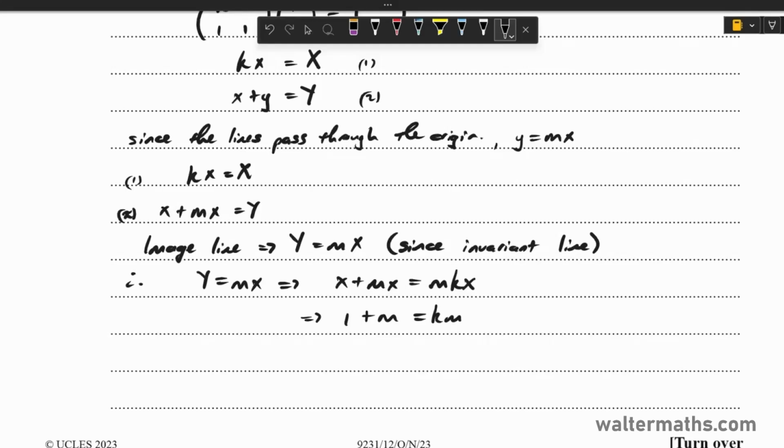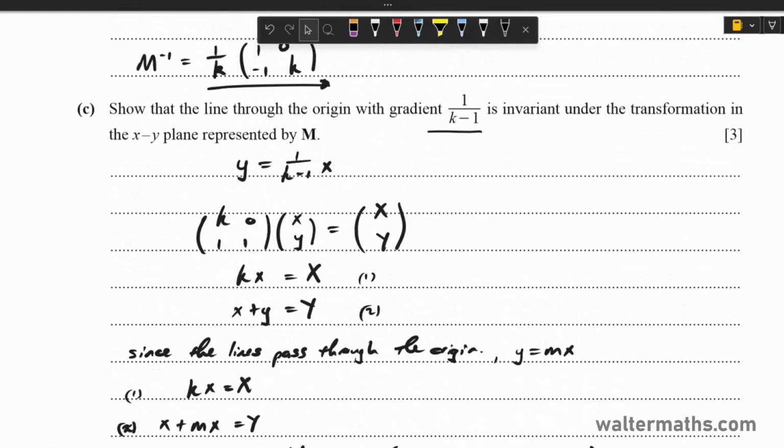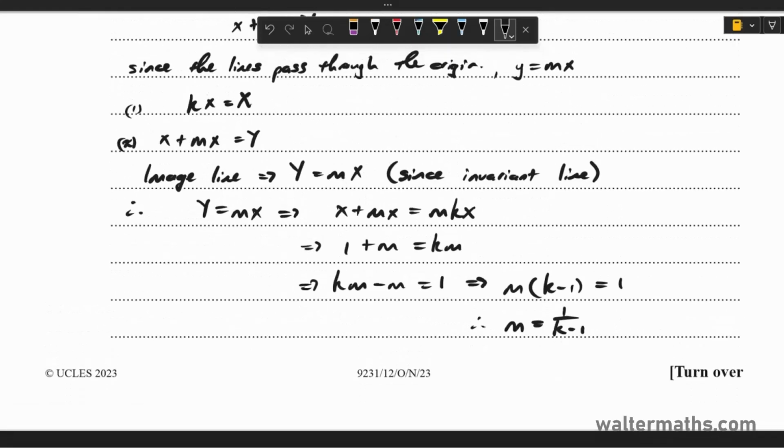This is as good as km minus m is equal to 1, which is m of k minus 1 is equal to 1. Therefore, m is 1 over k minus 1. So we have proved that the gradient of these lines is 1 over k minus 1, and that's actually what they are saying here, that the lines should have gradient 1 over k minus 1. So I'll say here shown.